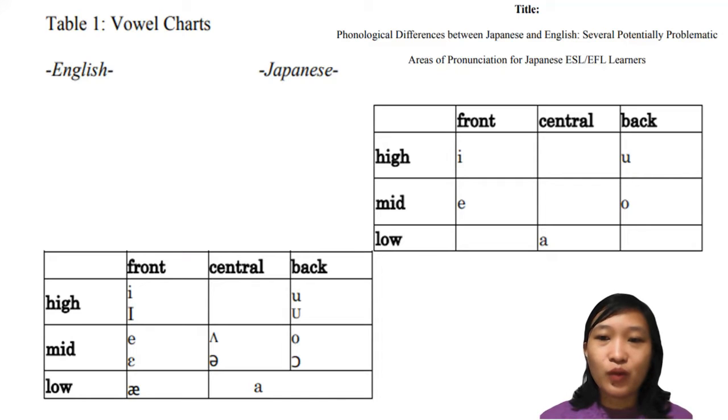Although the number of vowels that can be identified in English and Japanese can differ depending on different analyses of linguists or phoneticians, it is obvious that there are considerably more vowels in English than in Japanese, as seen in Table 1. The source of this study is shown in the upper right corner of the slide, phonological differences between Japanese and English.